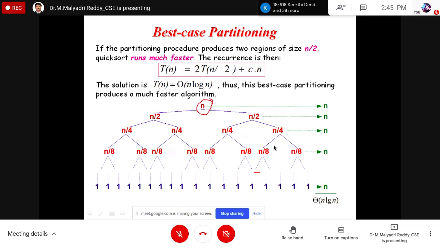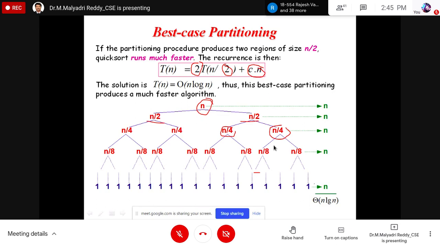By applying the divide and conquer method, half the part is on the left and half on the right, so it is equally divided into two parts, and again divided equally into two parts. This is the best case partitioning. That means every time we get two subparts of equal size. This is the time for combining.